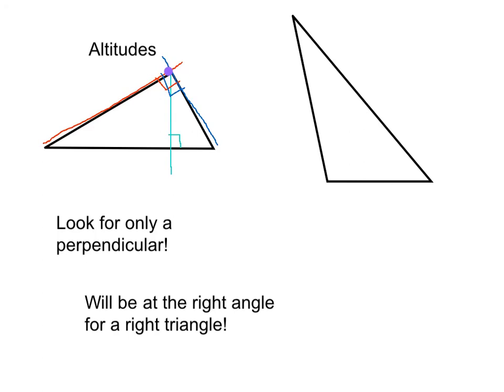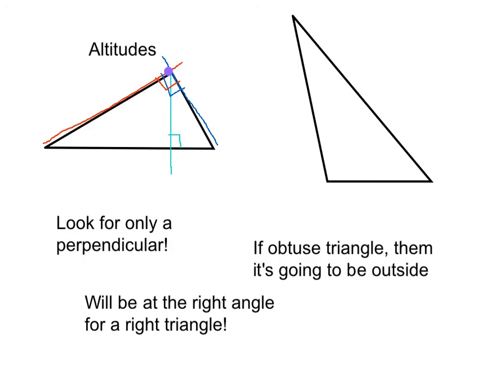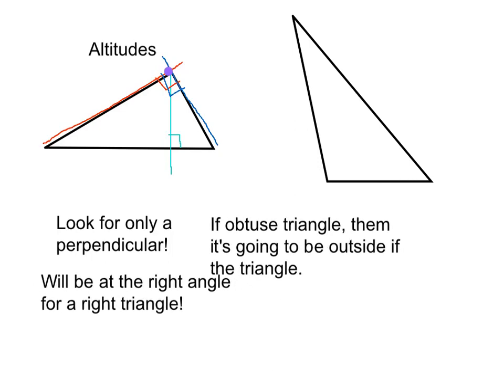Also, if it's an obtuse triangle, then it's going to be outside of the triangle. So we've got some points here.